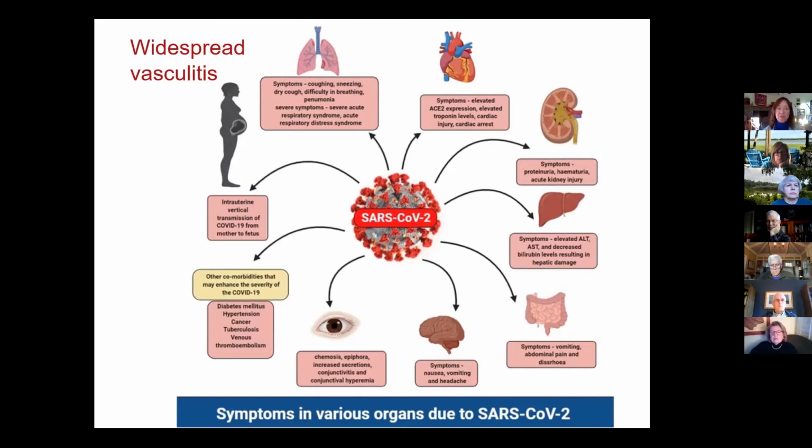So just imagine if you have an inflammation of your blood vessels, that means basically you can get disease in any part of your body: your heart, kidneys, liver, gut, brain, and it can be passed from mother to unborn child via the placenta. And there are adverse outcomes in pregnancy with COVID-19: stillbirths, early delivery. We still don't know enough about what the effect might be on unborn children, but that's being looked at.